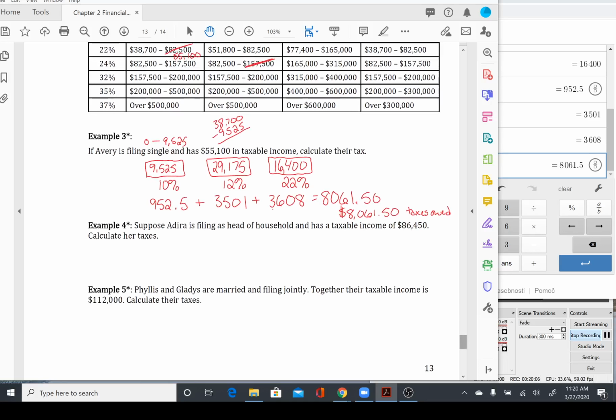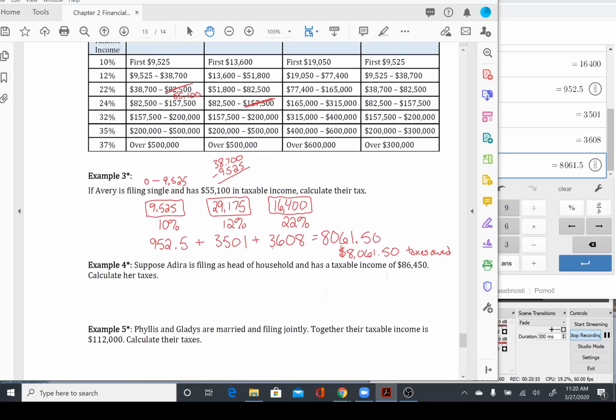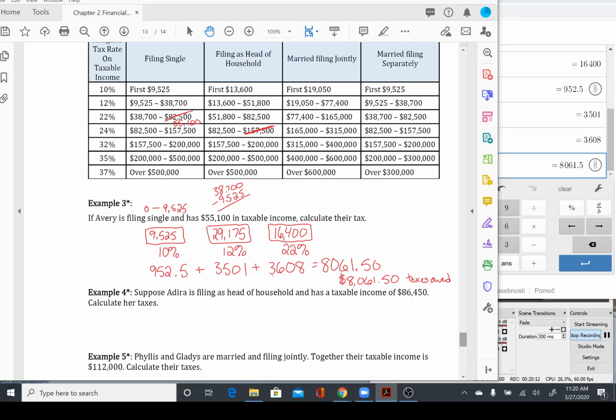And Phyllis and Gladys are married filing jointly, and they're making $112,000. So you'll want to have theirs figured out up to the 22% tax bracket.